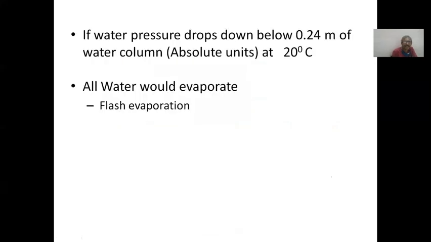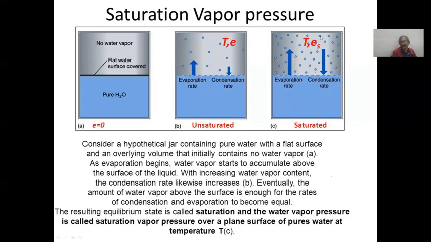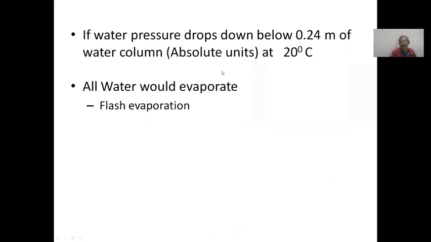If water pressure drops below 0.24 meters of water column, this is the saturation vapor pressure. If water pressure drops below 0.24 meters of water column at 20 degrees centigrade, that is the standard, there will be flash evaporation. Everything will immediately get evaporated.